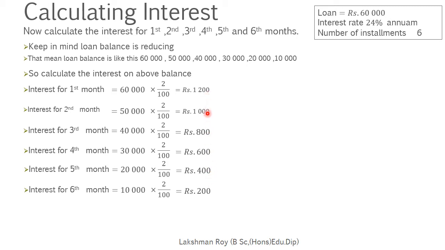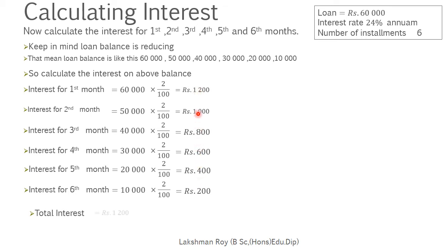Why is it reducing? Balance is reducing, right? Because balance is reducing, therefore interest is also reducing. So how to take the total interest? You have to add interest for these 6 months.